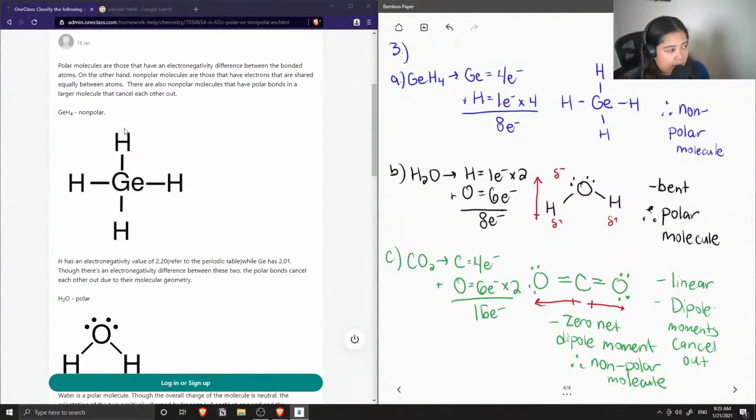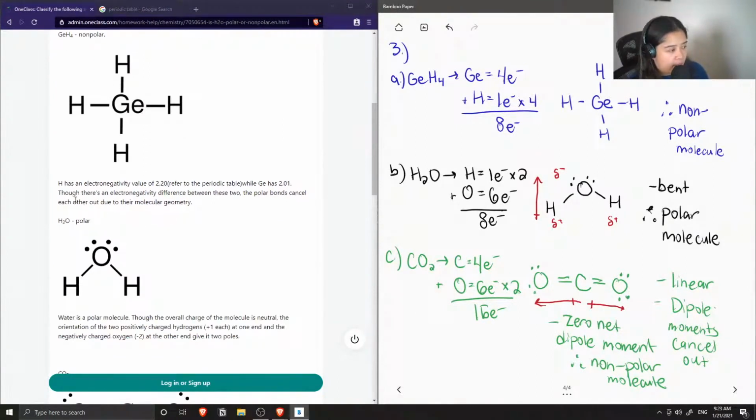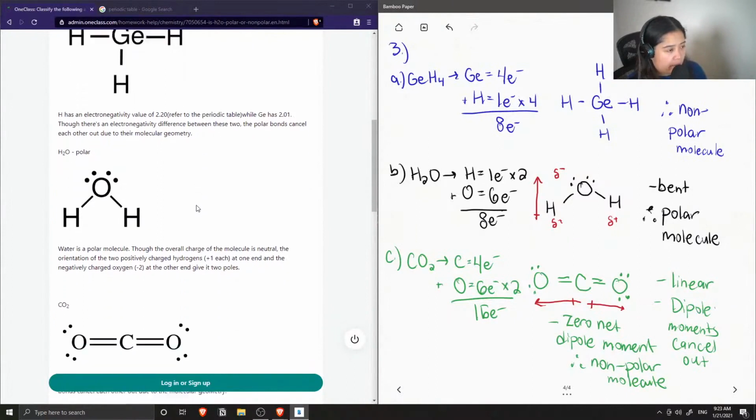So for our first molecule, it's nonpolar. They also calculated the electronegativity difference, and it says that though there's some electronegativity difference, the polar bonds cancel each other out due to their molecular geometry.